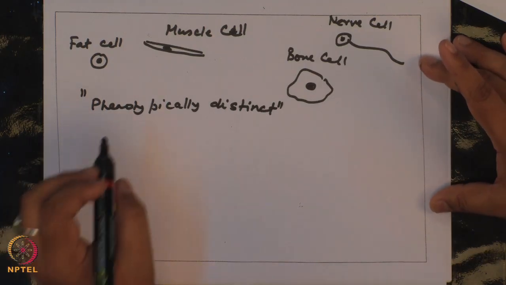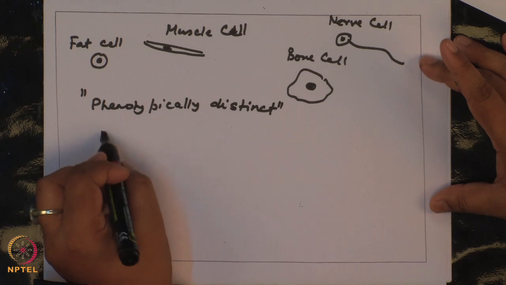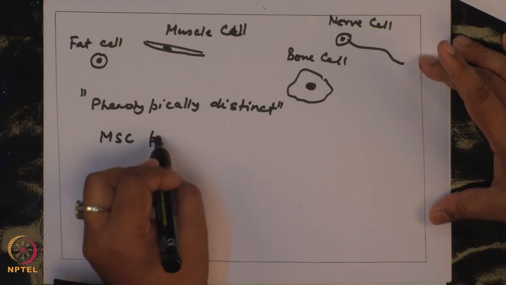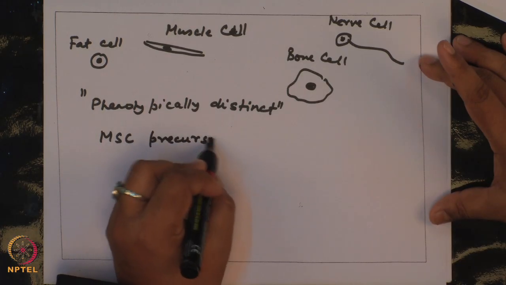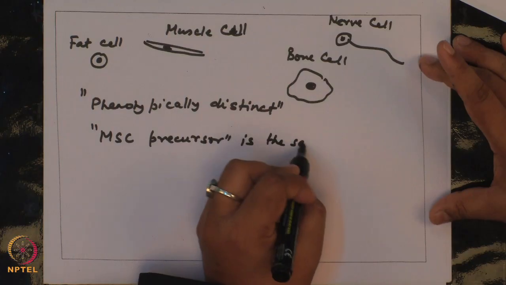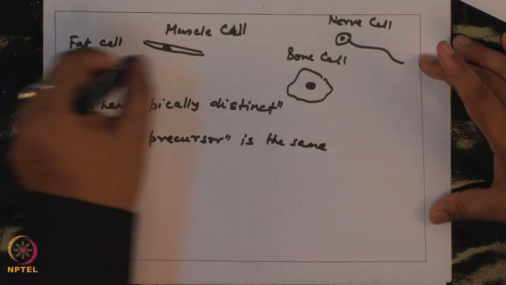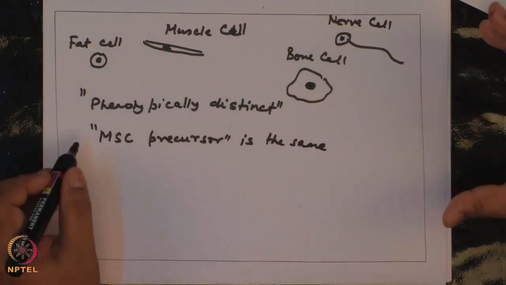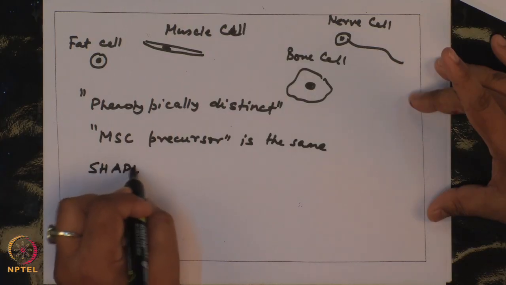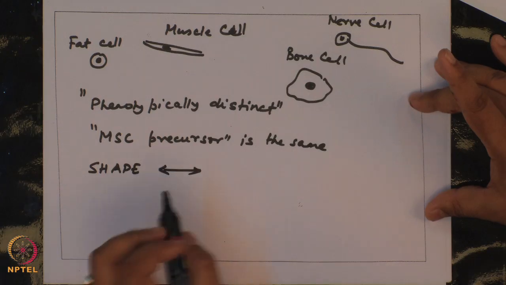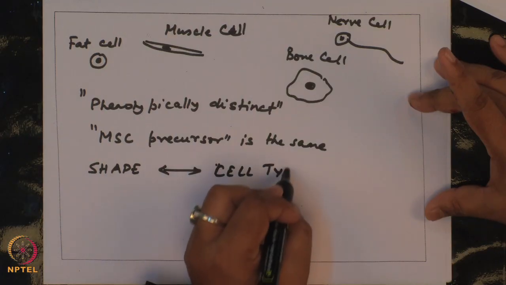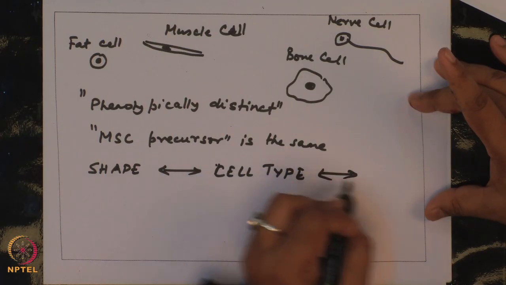Though they descend from a common MSC, a mesenchymal stem cell precursor that is the same, you have distinct phenotypes for each of these cells. So, in other words, shape seems to be correlated to cell type, and each of these cell types has a given function.